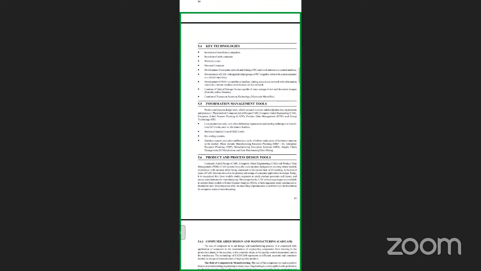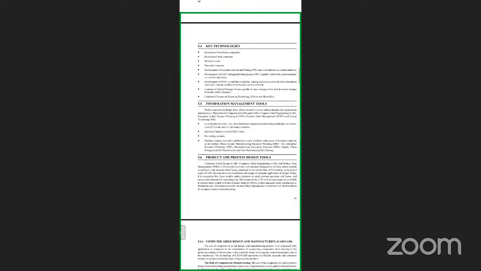So these are different tools which are used by the management for storing the information about their organization or manufacturing concern or manufacturing process. And under that, we have lean production tools, which are often dubbed Japanese manufacturing techniques or just-in-time tools, such as Kanban, statistical quality control, that is SQC tools, barcoding systems, decision support, manufacturing resource planning, enterprise resource planning, that is ERP, MRP, MES, and SCM, that is supply chain management, and data warehousing or data mining.